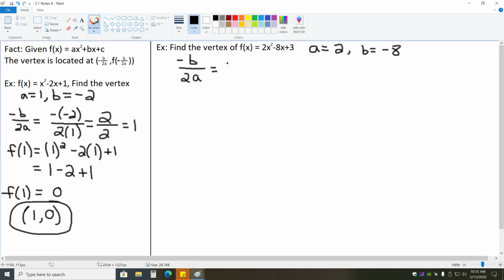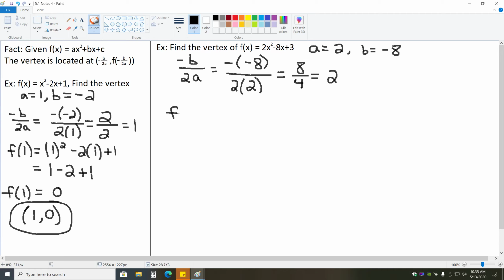So we get negative times b is negative 8 over 2 times a is 2. Negative times negative 8 is positive 8. A negative times a negative is a positive. 2 times 2 is 4. So that gives us 8 over 4 is 2. The x value of the vertex is 2.